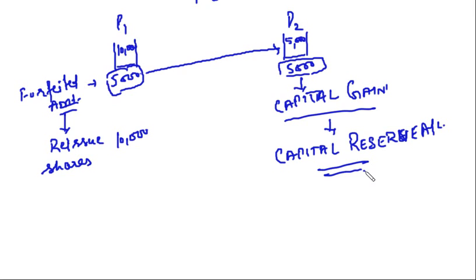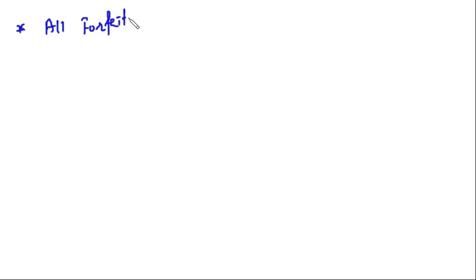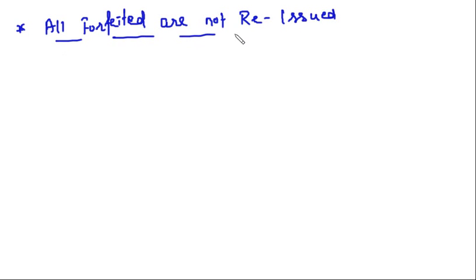Now, what we are going to do in this lecture is a topic called all forfeited shares are not reissued. In the last lecture, what we discussed is that whatever shares you have forfeited, you reissue all the shares.